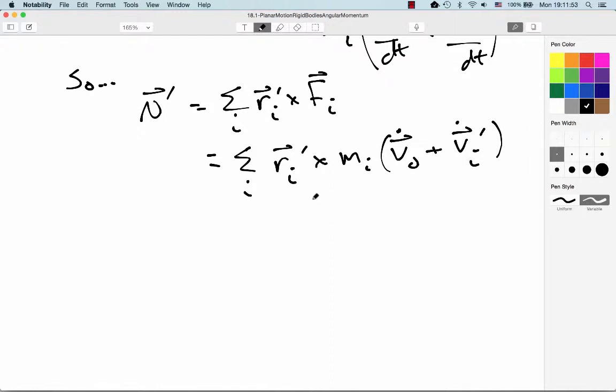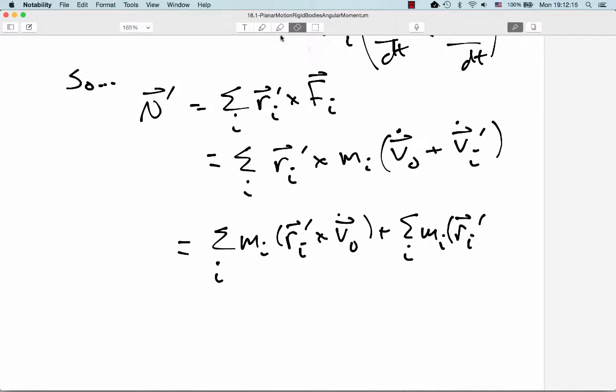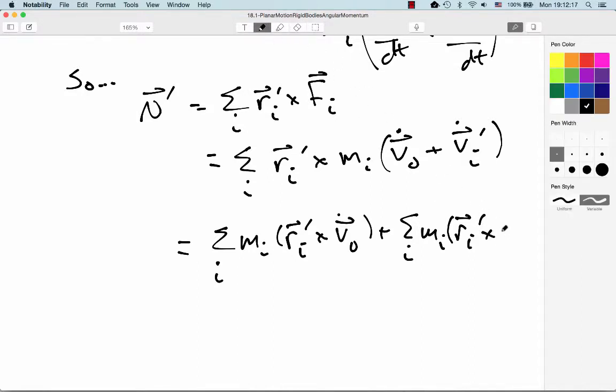They'll become expanded around. We'll get the sum over i of mi Ri prime crossed with V naught dot, plus the sum over i of mi Ri prime crossed with Vi prime dot.